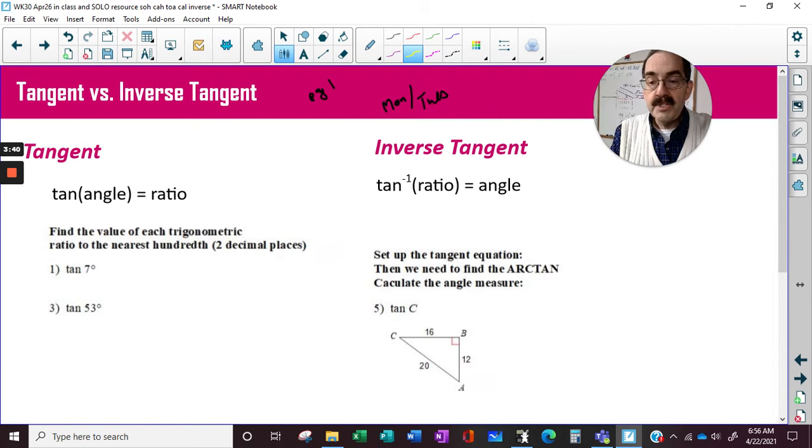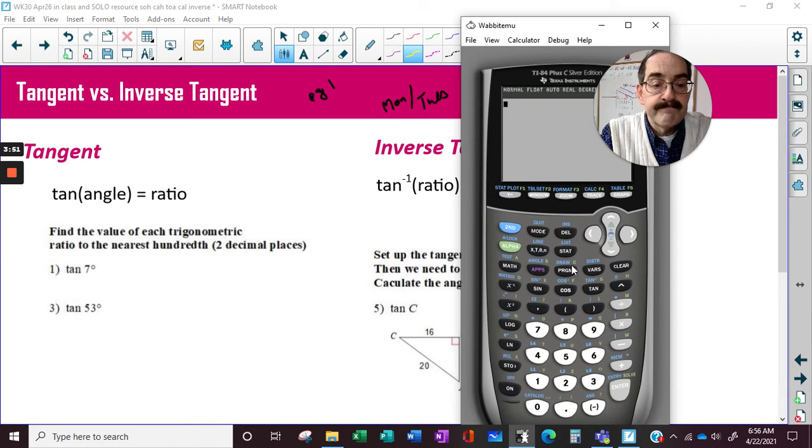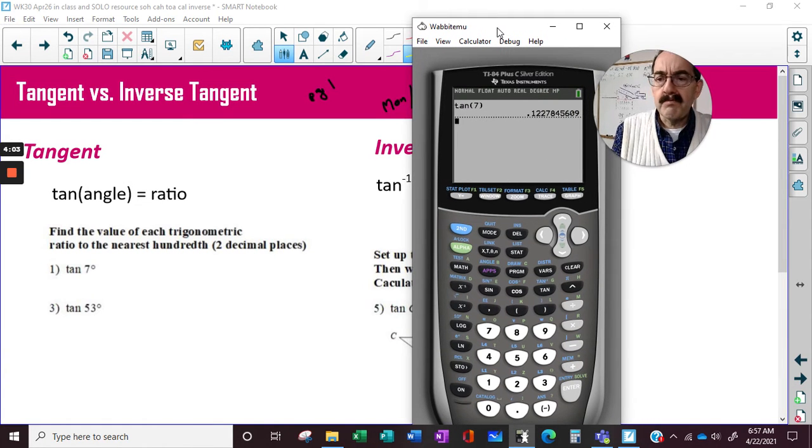Everyone, on your sheet of paper, it wants you to calculate the tangent of 7, 2 decimal places. Tangent 53, 2 decimal places. So everybody, go. Okay, pause the video. Thanks for coming back. Tan 7 close equals 2 decimal places.